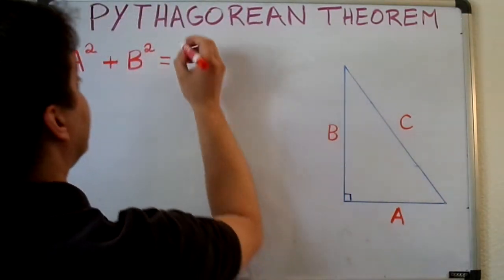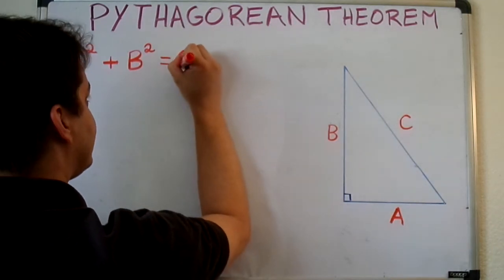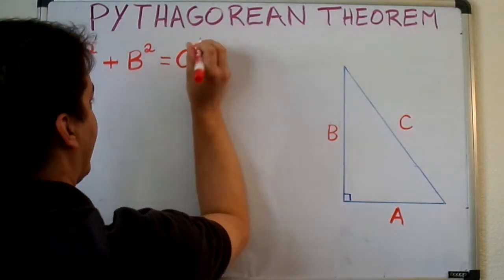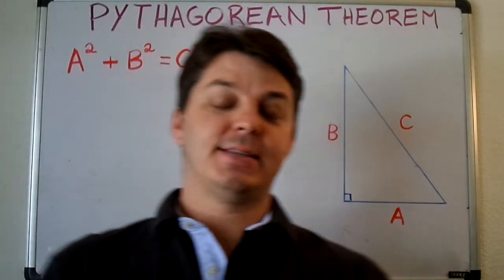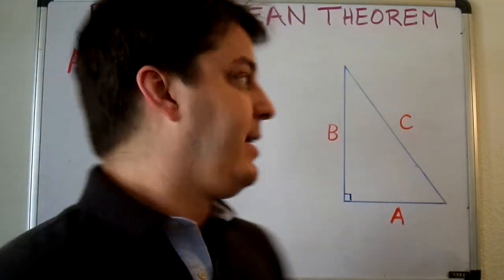Remember that hypotenuse. That equals C squared, okay? So A squared plus B squared equals C squared is the Pythagorean Theorem.